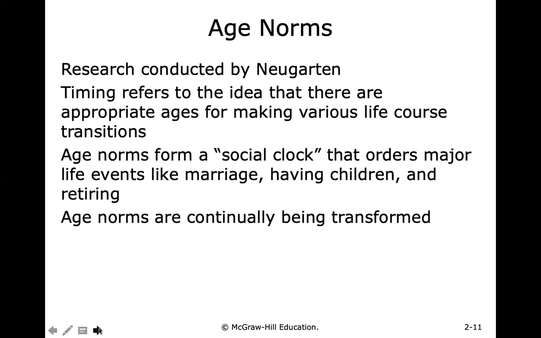Is it transformed by the individual? Is it transformed by a group of individuals who believe that we should push out these age norms? Or is it transformed by society saying, you know what, we probably were pretty strict? Because if we think about the age norm of having children in 1950 and the age norm of having children in 2020, totally different norms, completely different. So that is that whole concept that they're always being transformed.